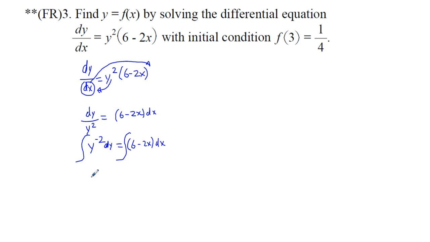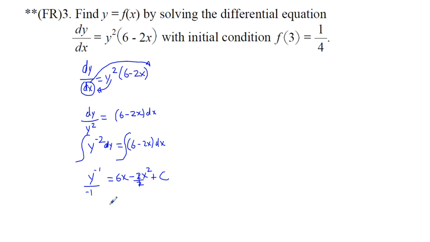So we're going to get on the left side y to the negative 1 power over negative 1. And on the right side, we're going to have 6x minus 2x squared over 2 plus our constant of integration c.